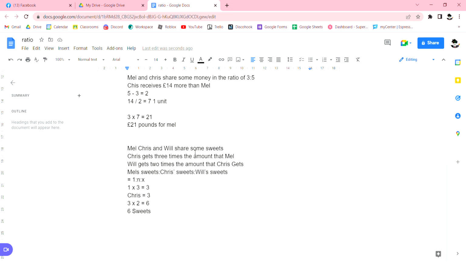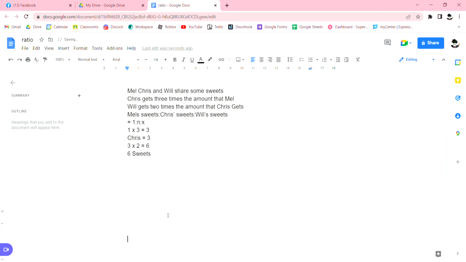Now, sometimes in ratio questions, you'll get fractions, because they tend to go hand in hand, ratios, fractions, decimals. So you might get something like, Mel and Chris share sweets in a ratio of 1 to 3. So you've got the 1 to 3 there.